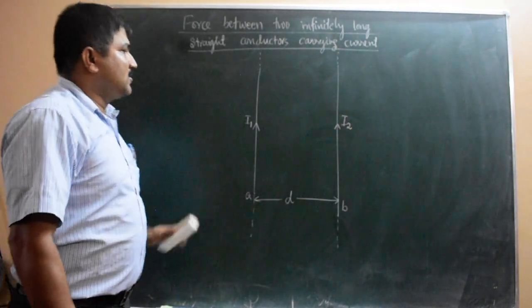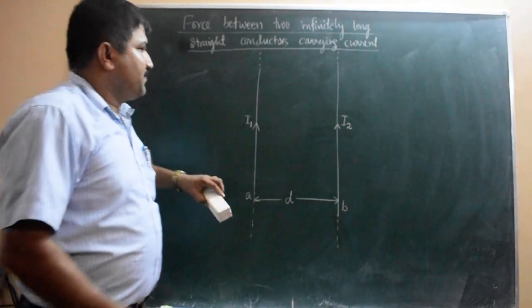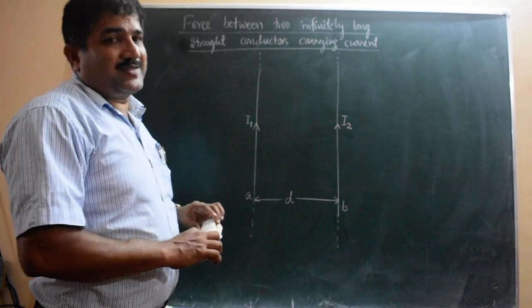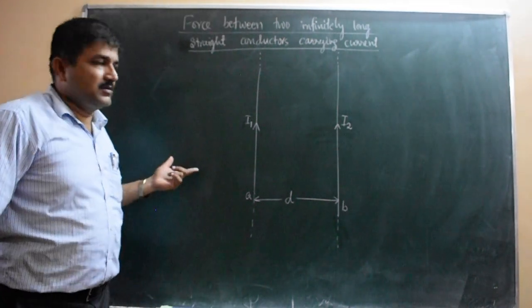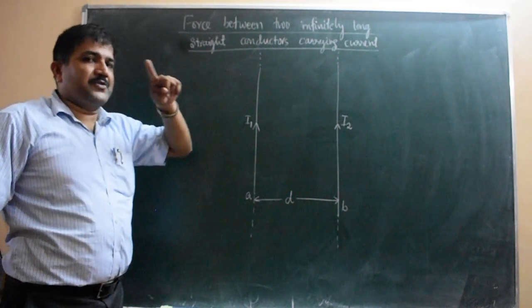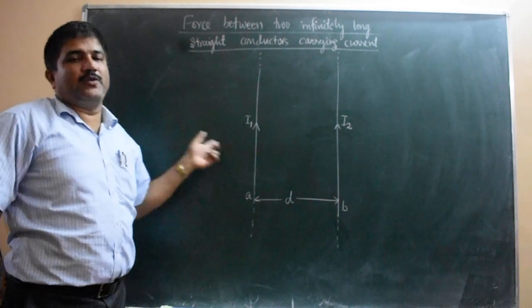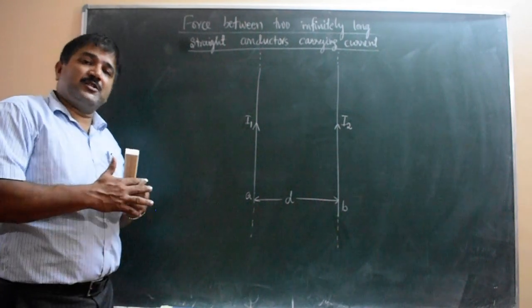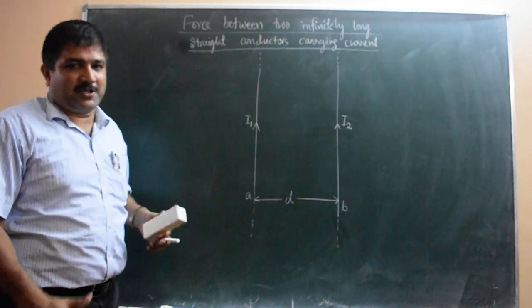Okay. So now see here, in the previous session class I have discussed, any current carrying conductor produces a magnetic field in the surrounding space, and the direction of the magnetic field is found by the right hand thumb rule.